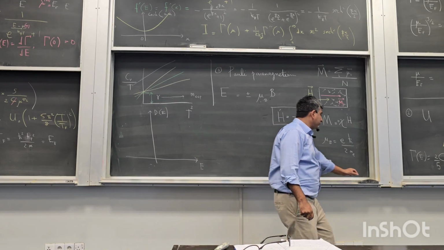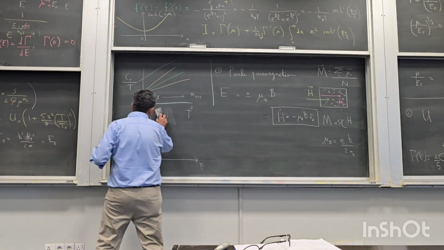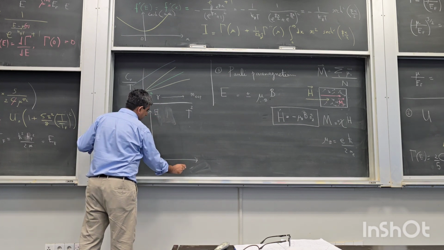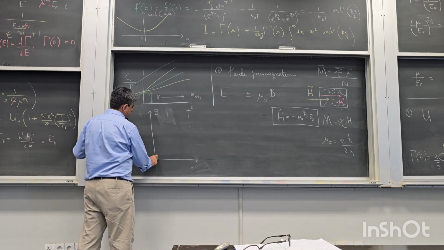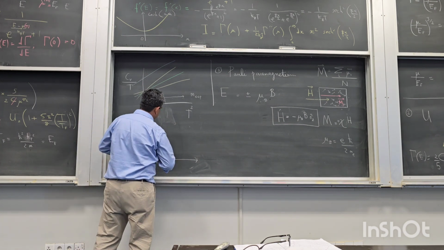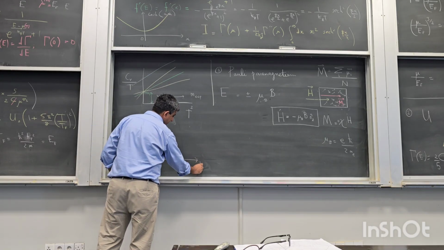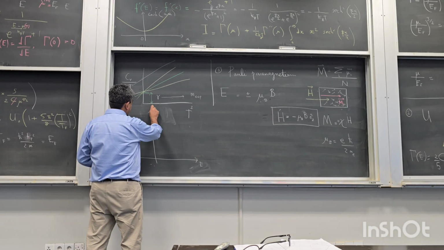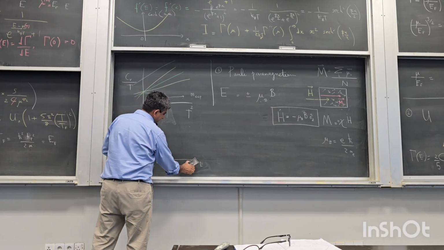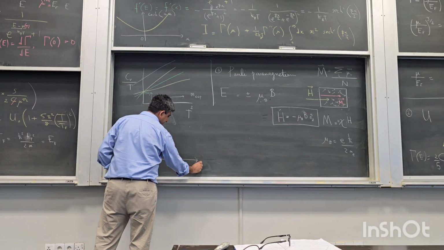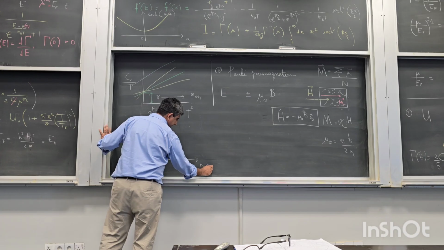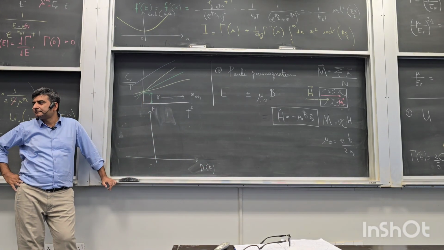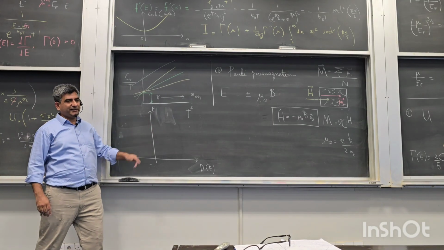I would now like to plot this diagram in a different fashion. I put energy here and dE here. Generally, you put E here and dE here.